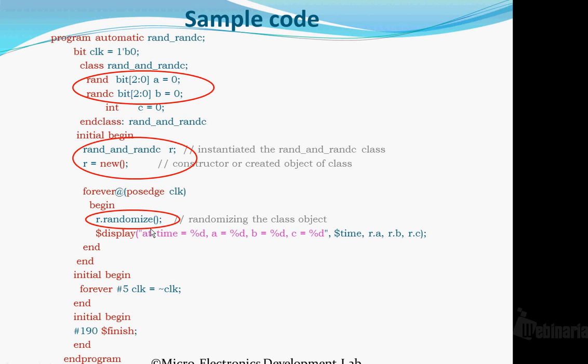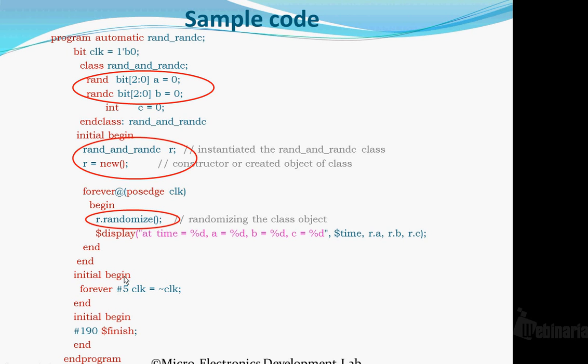Now I want to randomize it n number of times. For that I have created the clock, which I declared at the start as bit clock, with initial value 0.